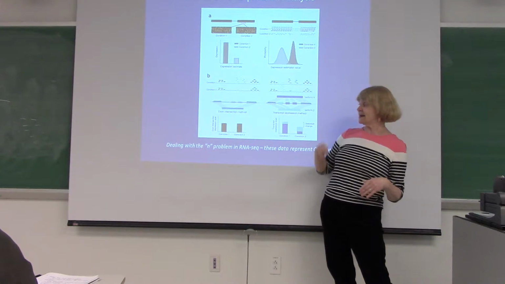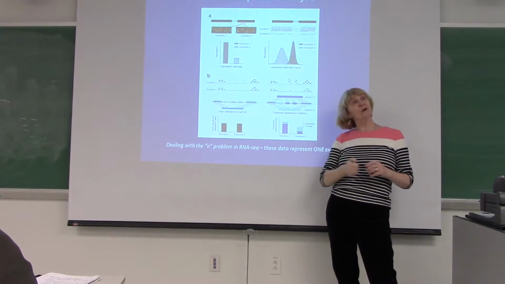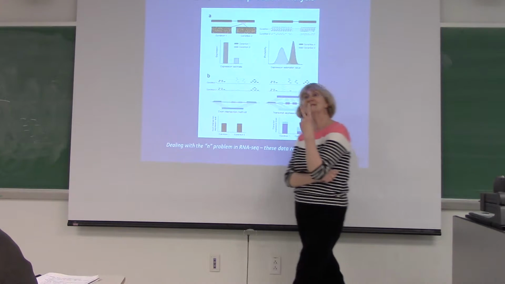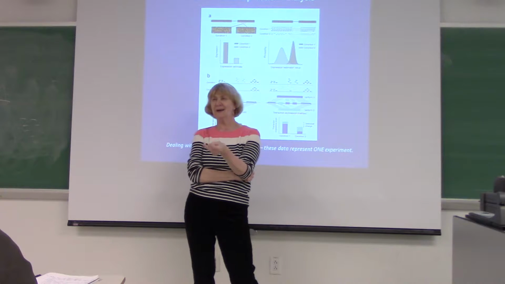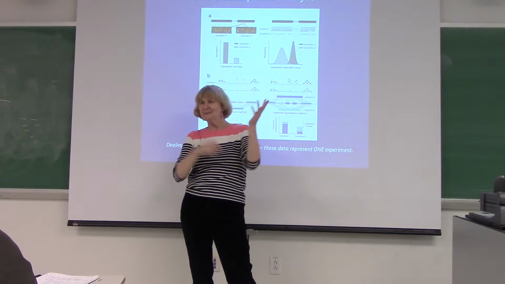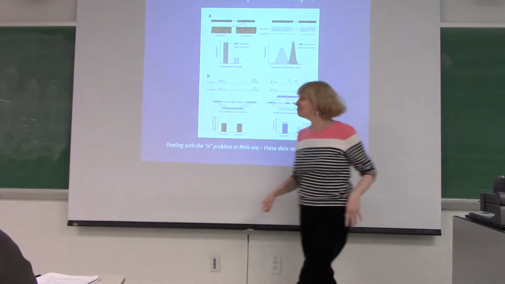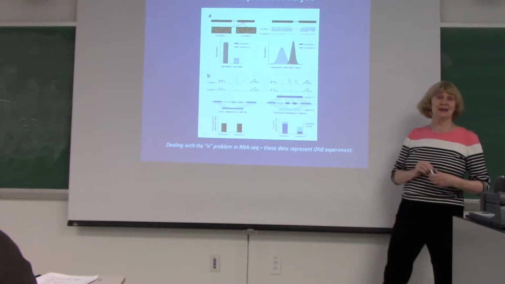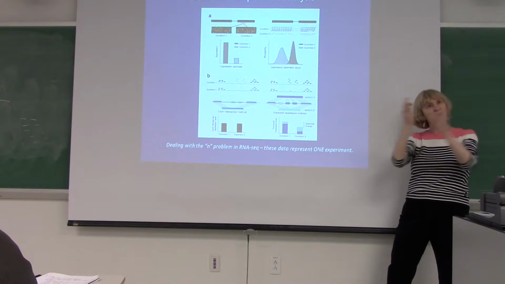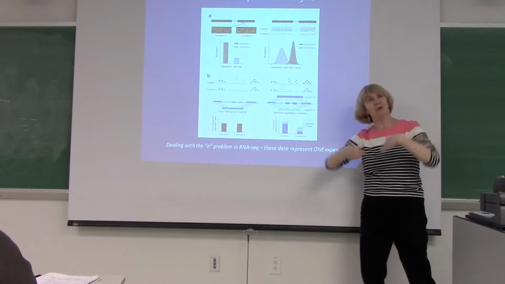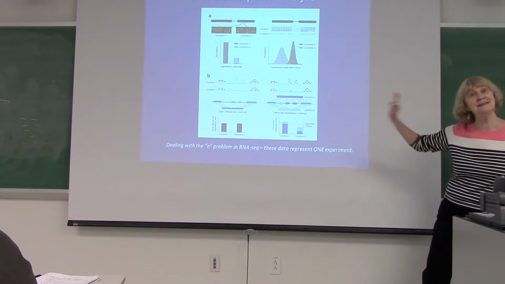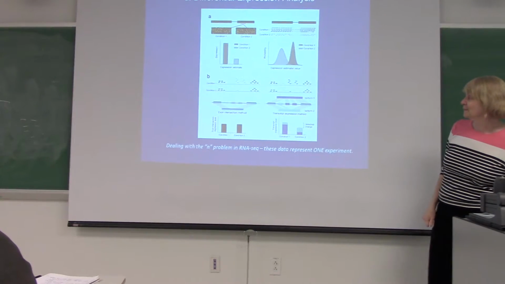So the N for these kinds of RNA-seq experiments is generally 2. That's what's accepted in the literature. How do you do statistics on an N of 2? Big problem. So very few of these have more than 3 or 4, unheard of. And then how do you compare and normalize among experiments? You have no idea, because these data are just emerging.